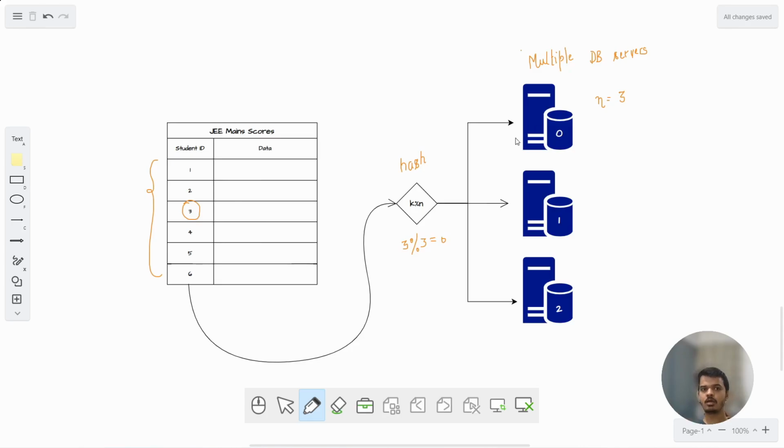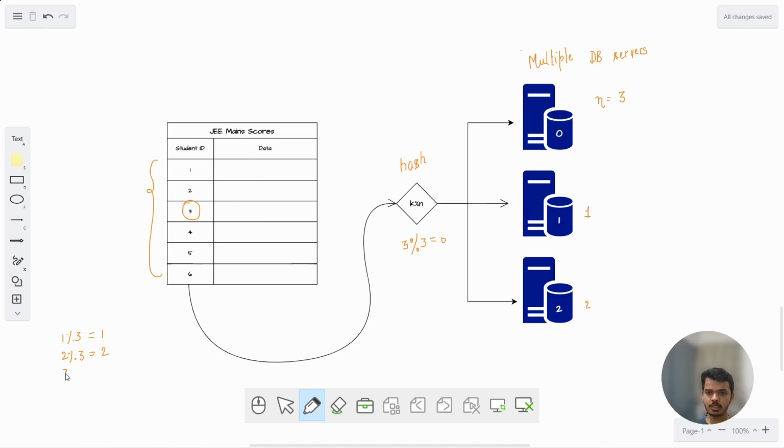Okay. Let's do this for all students. So the student with student ID 1, where will it go? 1 mod 3 gives us 1. So the student with student ID 1 goes here, his data goes here. Student with student ID 2, where will it go? 2 mod 3 gives us 2, so it will go here.